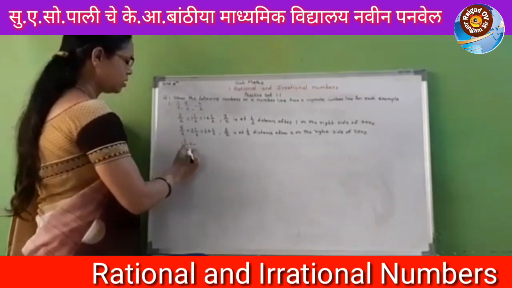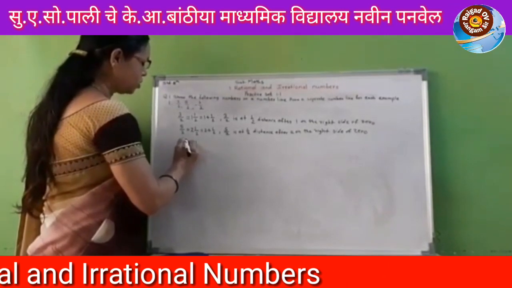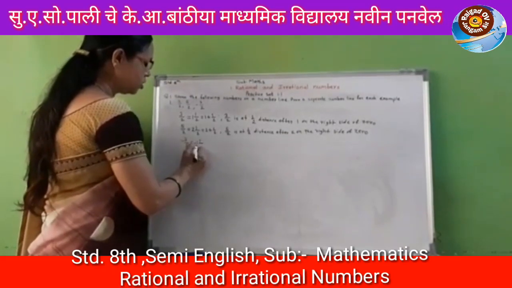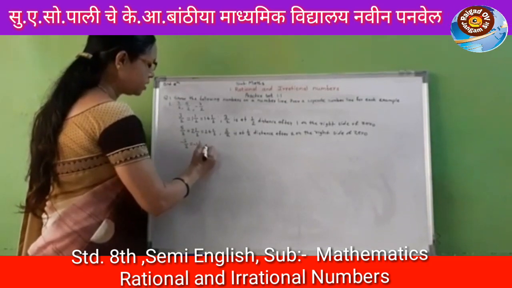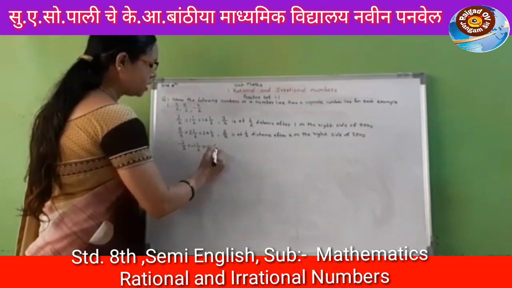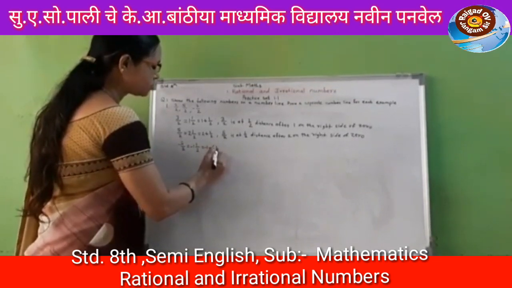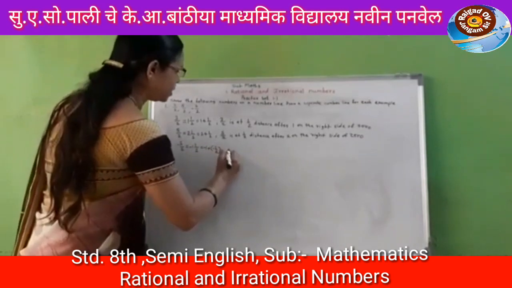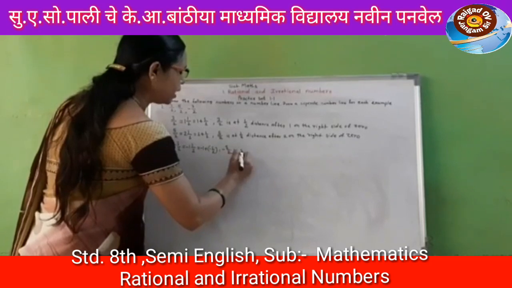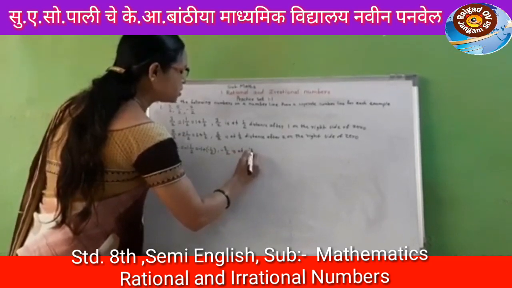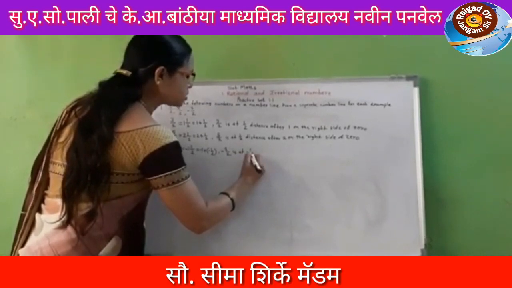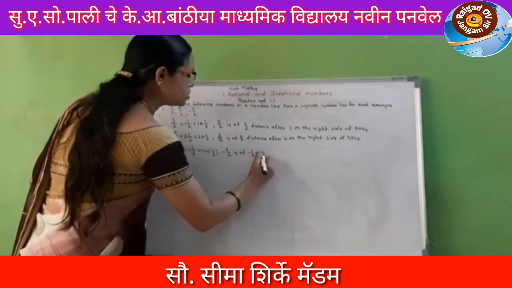Minus sign is there. 2 1s are 2. 3 minus 2 remains 1. Denominator as it is. It can be written in addition form, minus 1 plus minus half. Here minus 3 by 2 is at minus half distance. Minus half distance.